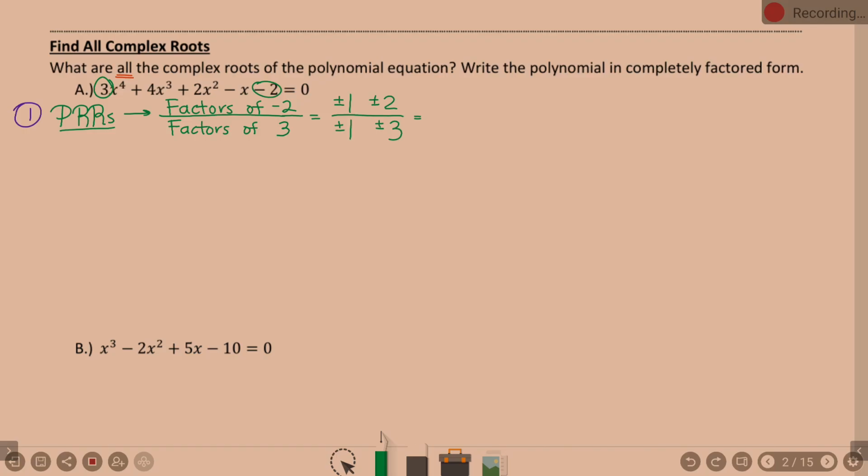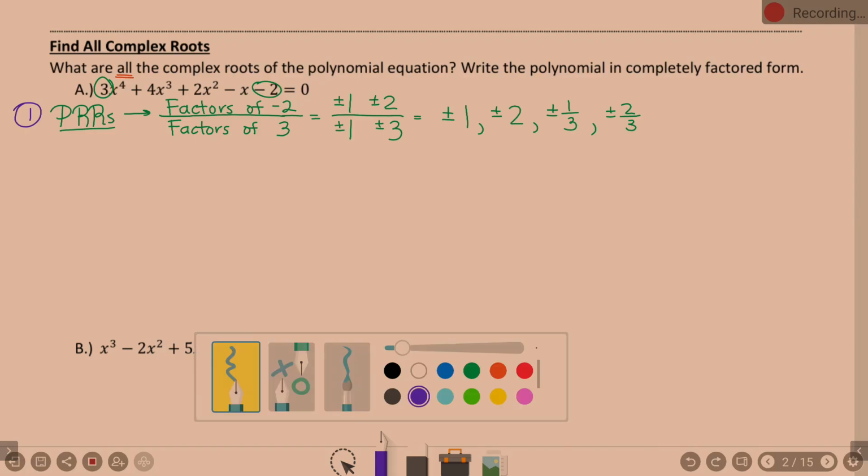So 1 over 1 is 1. 2 over 1, plus or minus 2. Then we'll put everything over 3. 1 over 3, plus or minus 1/3, and 2 over 3, plus or minus 2/3.